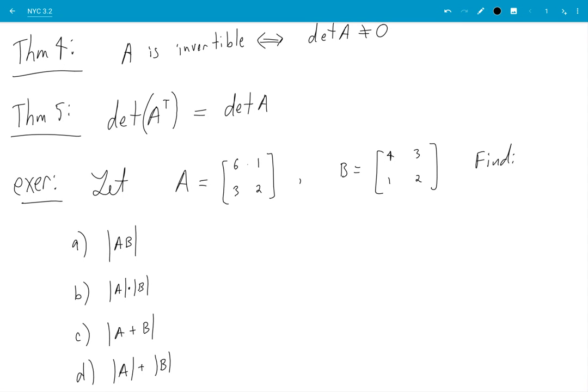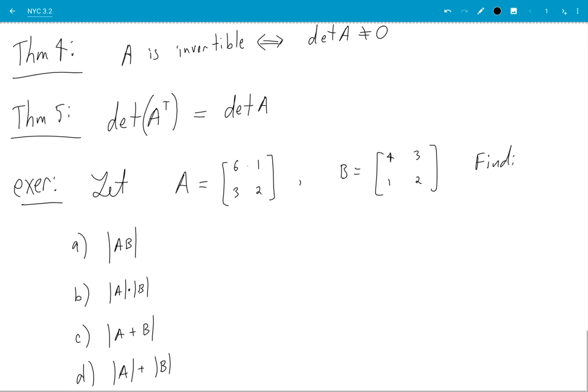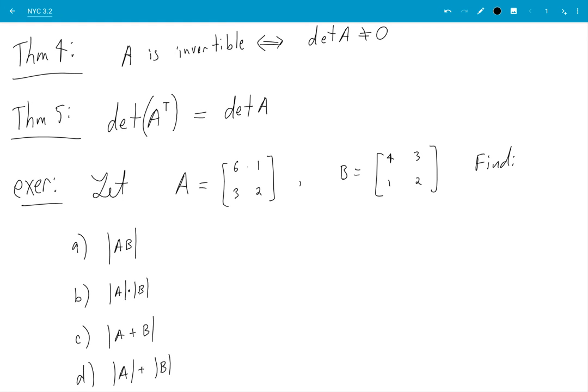Okay, Theorem 4 we've already mentioned. The determinant tells us whether A inverse exists or not. In the book, they give proofs here.